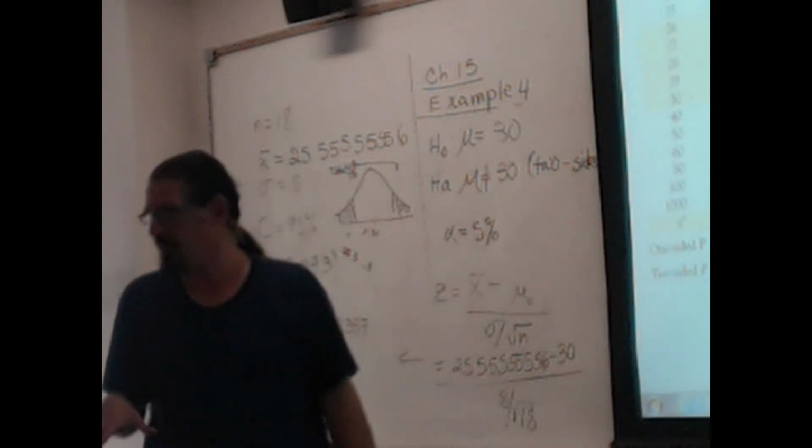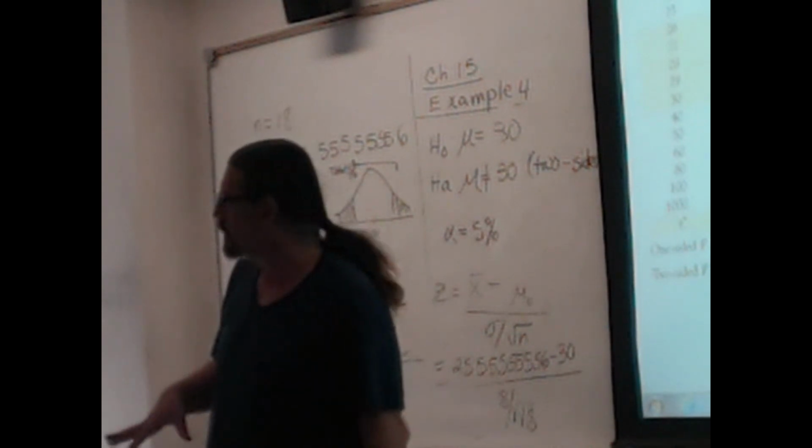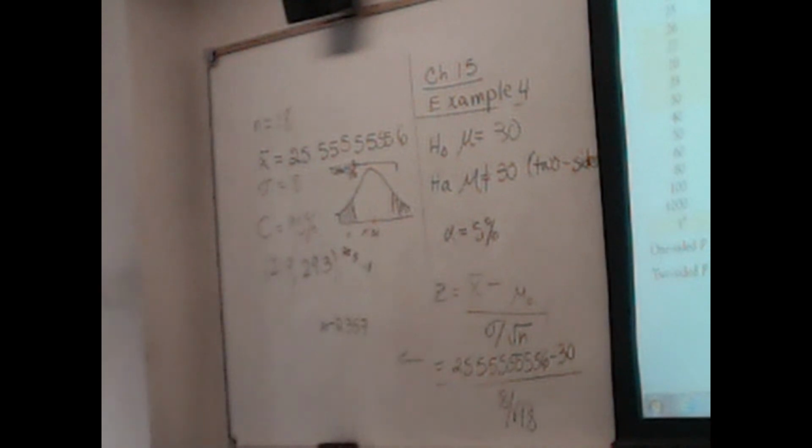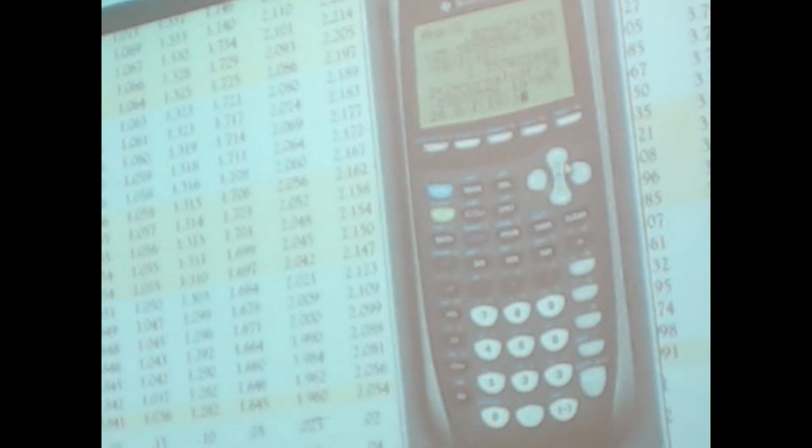Since this time I have x bar less than the claimed mu, I'm not going from x bar to 10 to the 99. If you look at my drawing here, look at the shading in the tail on the left. I would go negative 10 to the 99 up to my claimed x bar. So negative 10 to the 99.